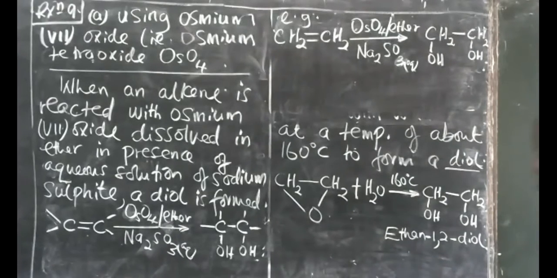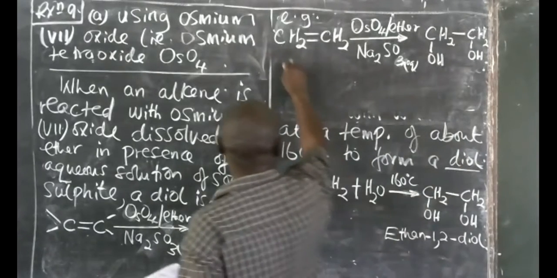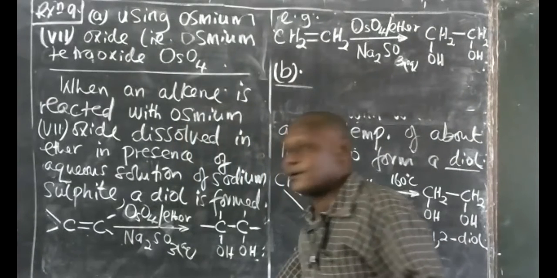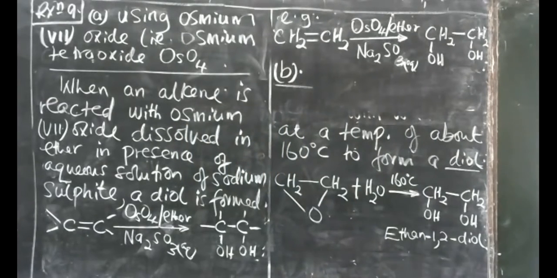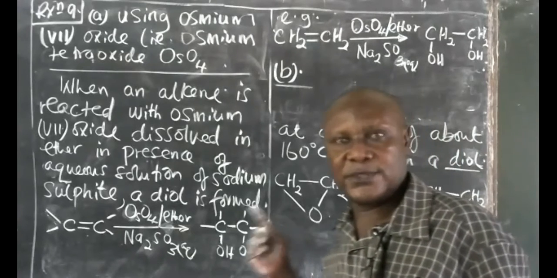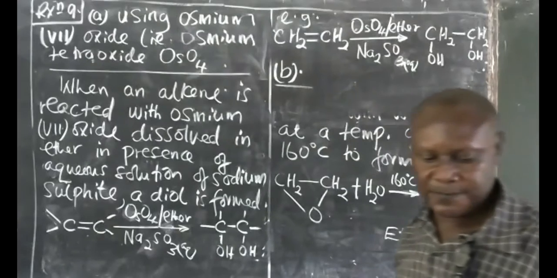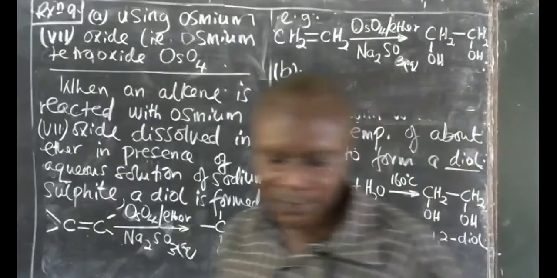But we can also have another reaction. Instead of using osmium 7 oxide in the presence of ether and then aqueous sodium sulfide, we can also react the alkene in the presence of ethanoic acid and hydrogen peroxide.